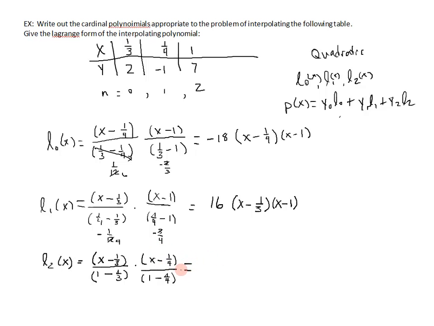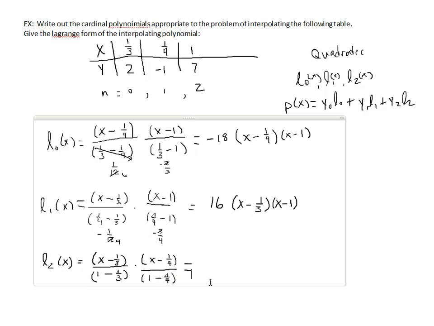That gives me, on bottom over here, a 1 minus 1/3, which is negative 2/3. Oops, hold on a sec. Grab my pen back here. 1 minus 1/3, negative 2/3.